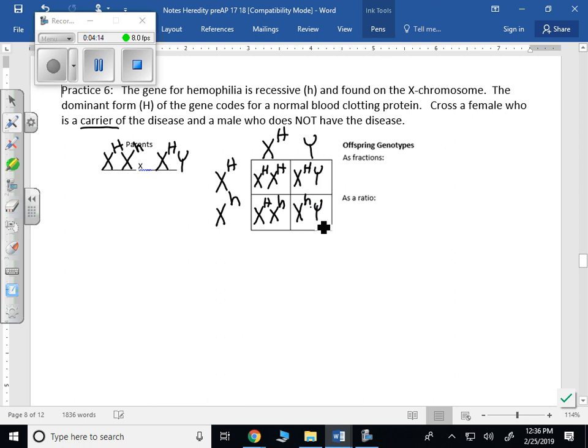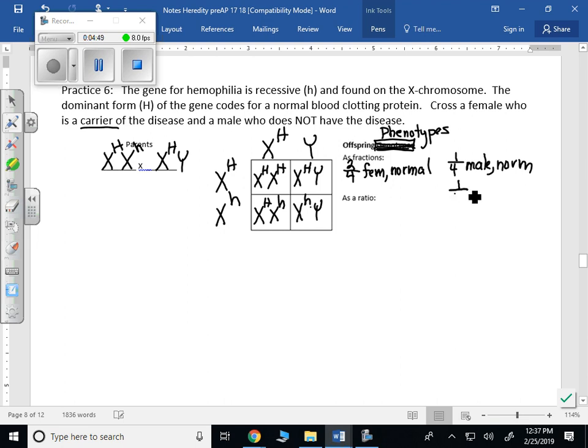And then it says it wants genotypes. So in this situation, I'm going to change that, if it isn't already on your notes, to phenotypes. Let's do phenotypes on this one. So as fractions, and since it's sex-linked, we're going to have to say 2 out of 4 female with normal clotting. I'm just going to put normal. And then I have 1 out of 4 is a male with normal clotting.